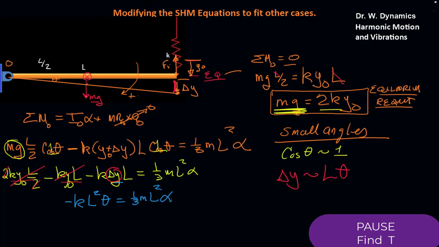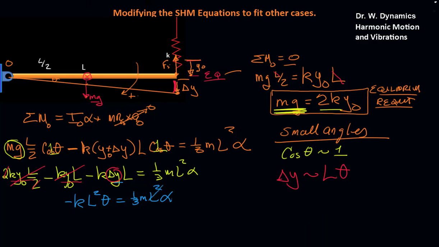Do you see where I'm going with this? The L's drop out. Bringing the constants to the other side, we can rewrite this as theta double dot plus 3k on m theta is equal to 0. And that's our characteristic equation. Therefore, that is our omega squared term.